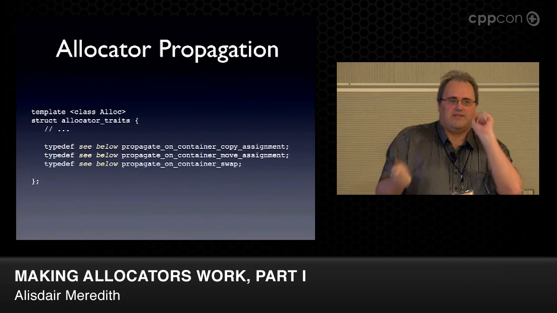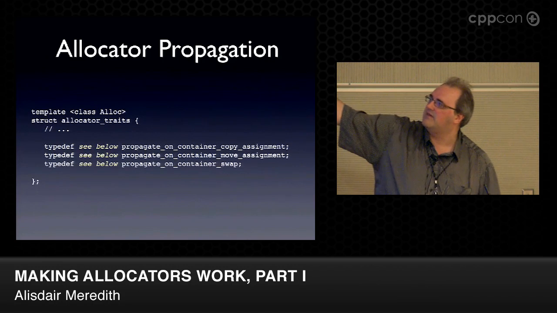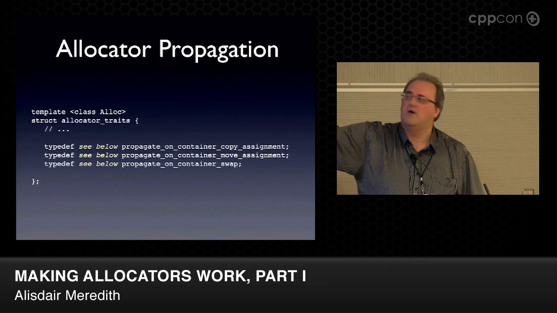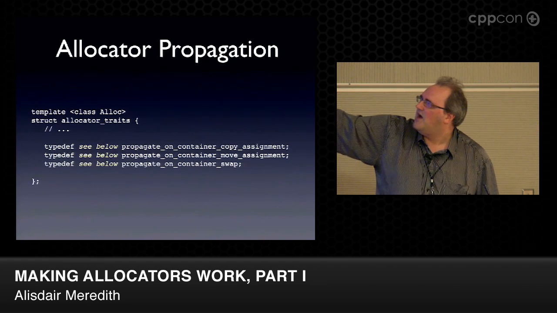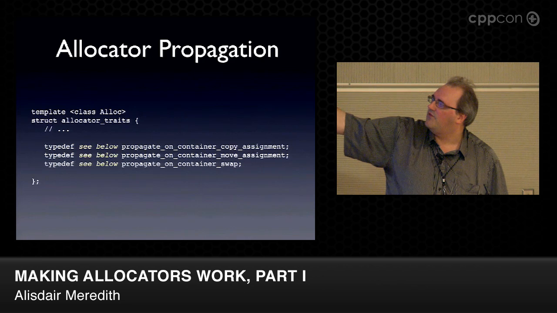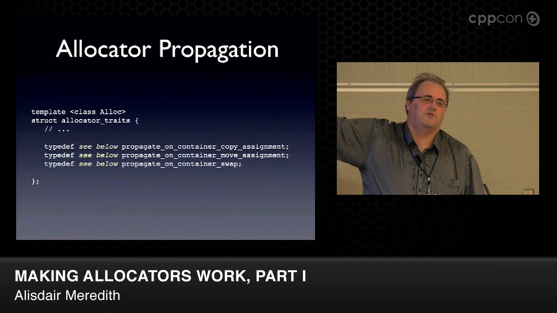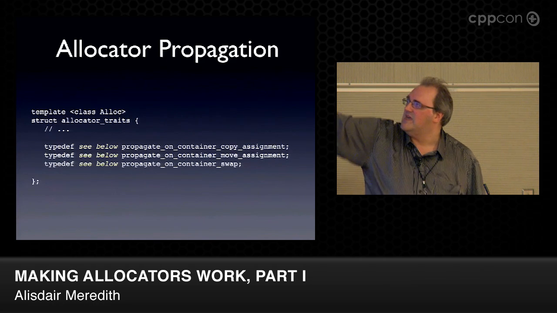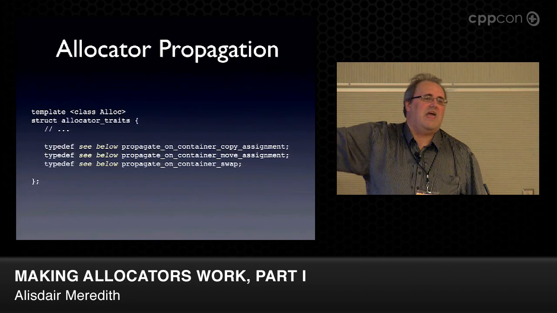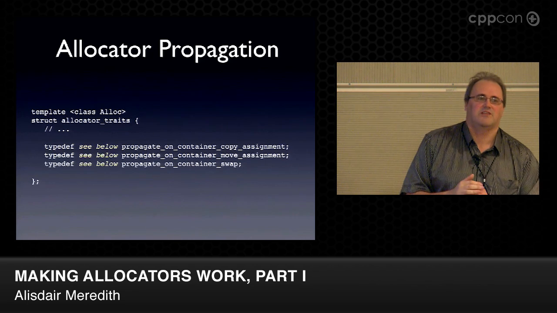But rather than bake down this as just a binary choice, we bought ourselves some freedom for the future by making this more fine-grained and composable. And in practice, I think this is going to be buying us some problems. I don't want to live in a world where I've got an allocator that propagates on swap but not move assignment, or vice versa. Those really feel like they should be coupled in one trait for me. And at that point, I'm not sure I really want any of this fine-grained. I can see one trait working here, but we have 3, and we have to deal with it.